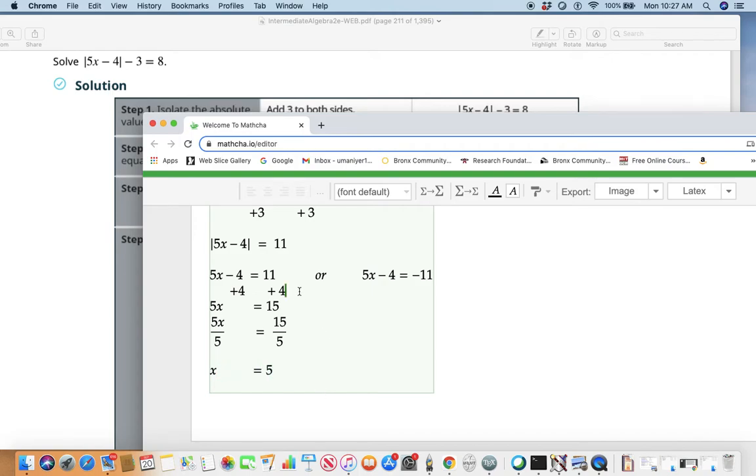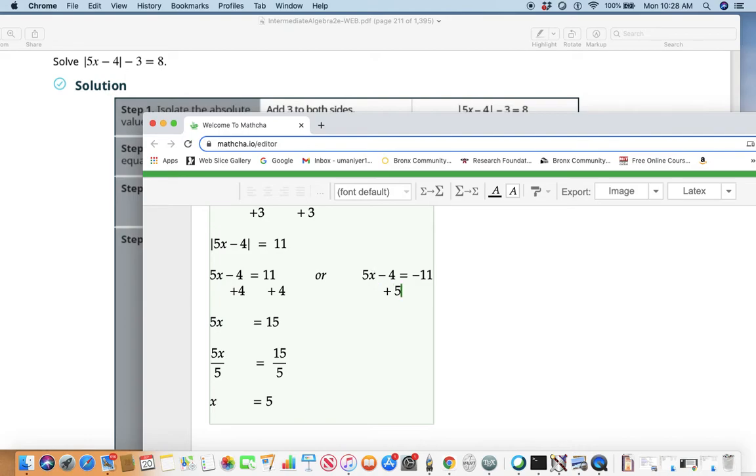All right, so that was one equation. Now let's solve this other equation. Here, again, we need to solve for x, so add 4 to both sides. This gives me 5x equals negative 11 plus 4, which is negative 7.